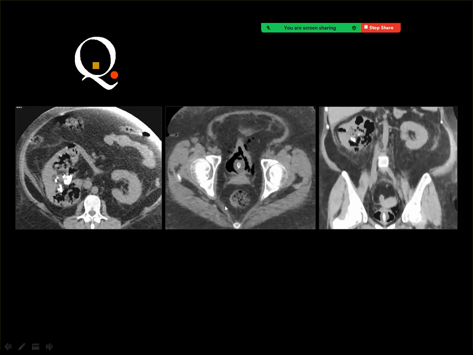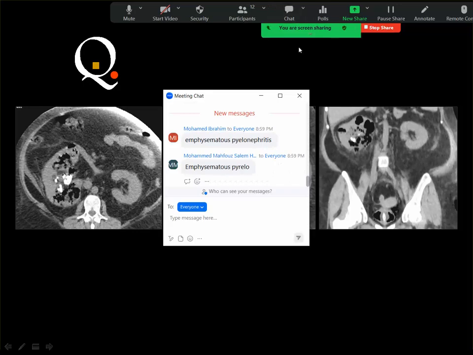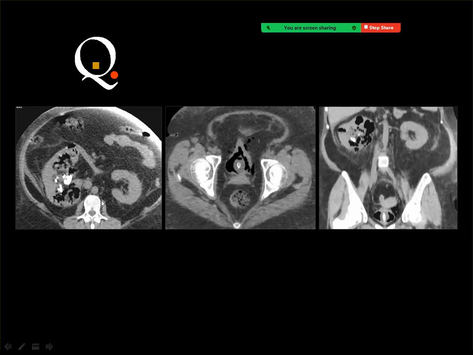Non-contrast CT scans of the kidneys and the urinary bladder as well. Yes, the diagnosis is easy in this case because you see air in the kidney, air in the urinary bladder, and you got some calcification or stones.